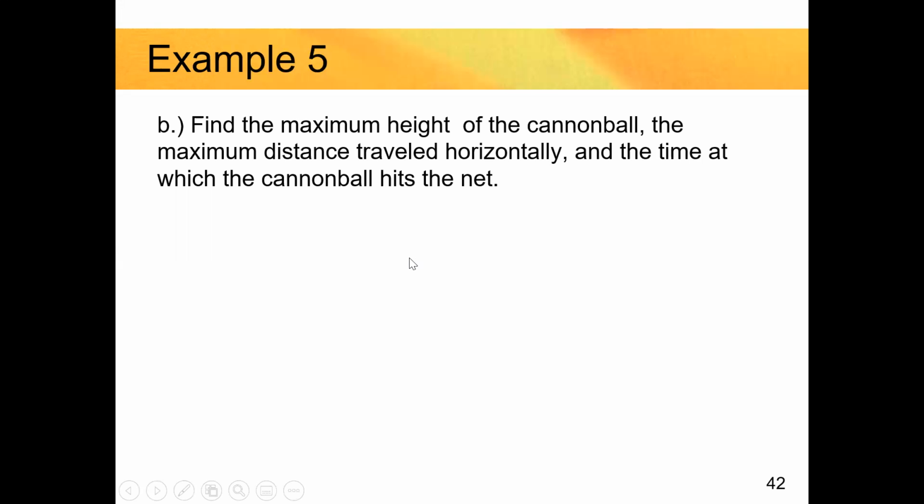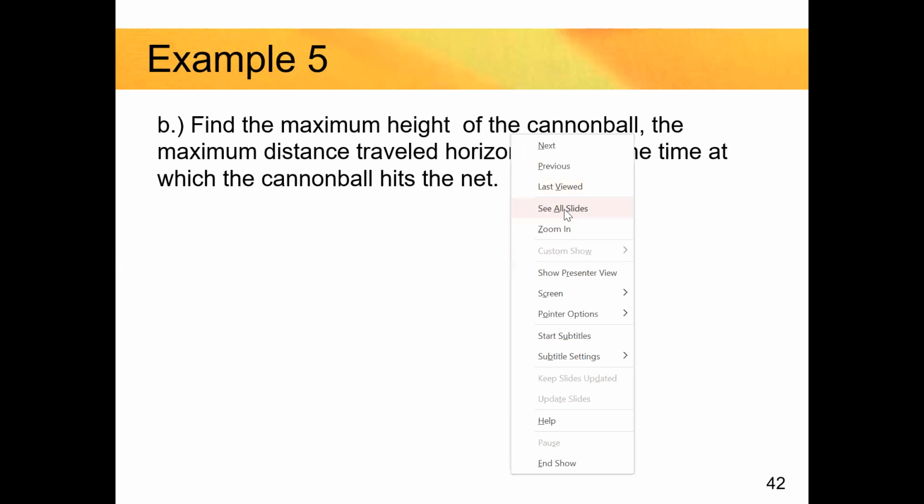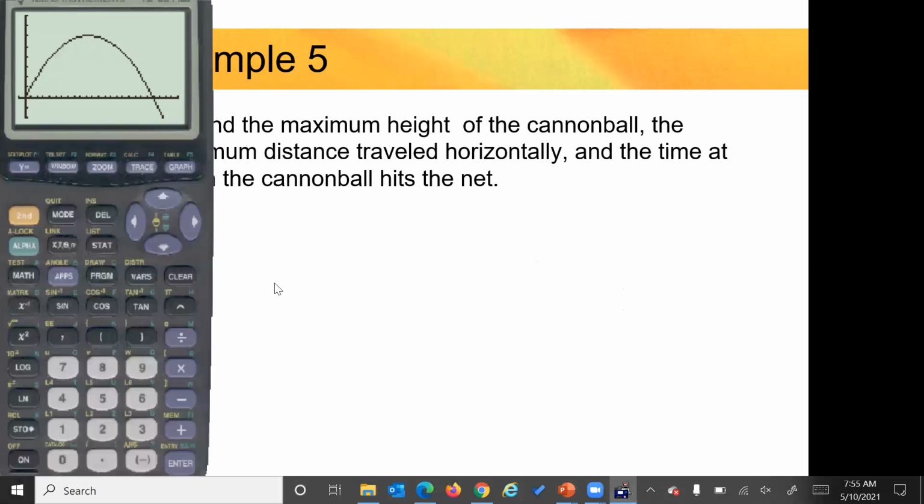Find the maximum height by tracing it on the graph. I think we're going to have to do it by graph. Let's go with it here. I've got to find that little point right there, and let's see how the calculator does it as well.